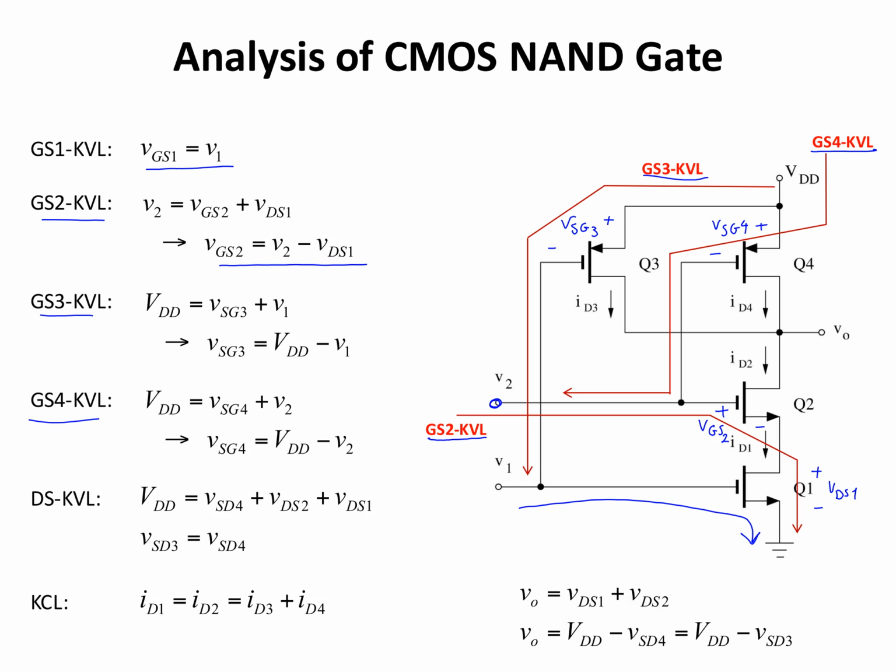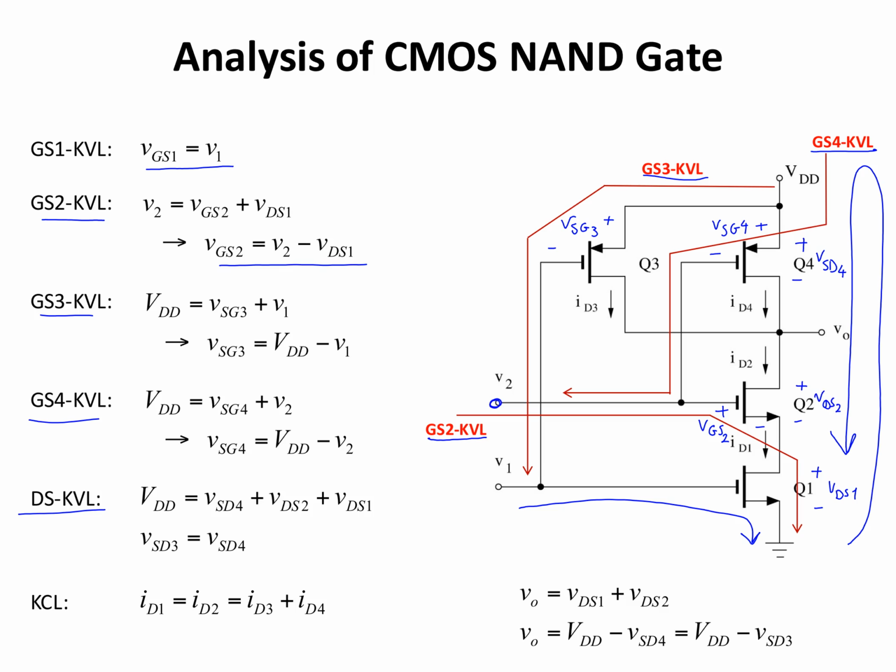The other KVL that we have is for this loop in here, and that is going to give me the drain to source KVL equation, which is VDD equals VSD4 plus VDS of transistor 2 plus VDS of transistor 1.